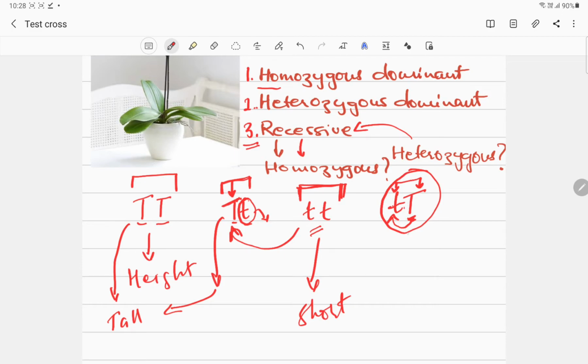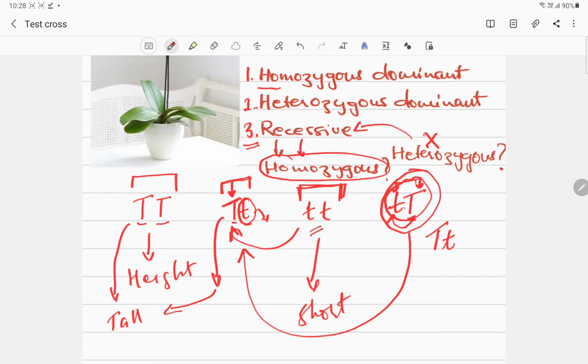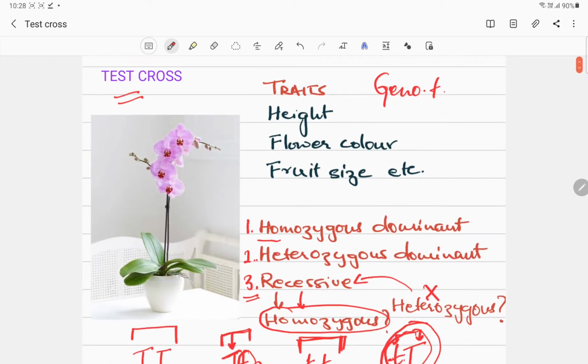If you look at this carefully, it is nothing but a heterozygous dominating condition. And anyway, the way to always write an allele is the dominating allele first and then the recessive allele. So I hope you've understood the three terms: homozygous dominant, heterozygous dominant, and recessive. There is nothing such as a heterozygous recessive, and recessive traits are only expressed when both the allelic partners are recessive. Now let us proceed further after this discussion towards test cross.